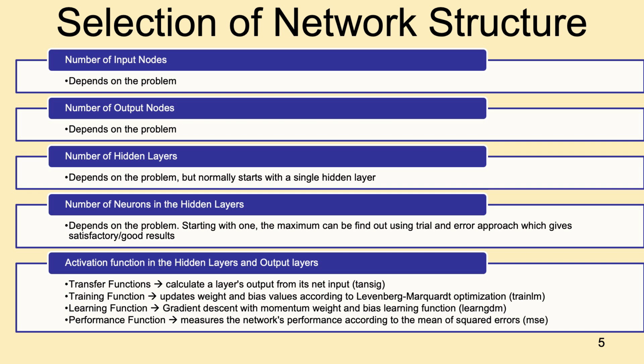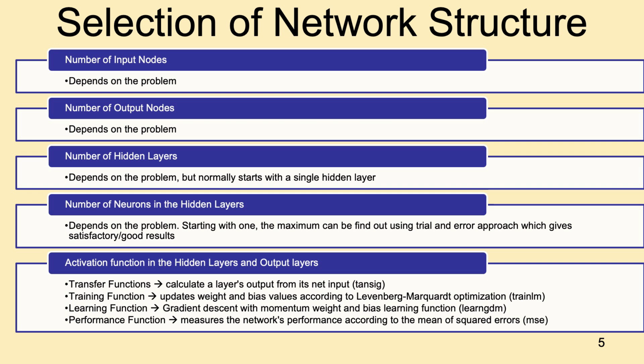The next important task that I already discussed is the number of neurons in the hidden layer. It is based on the problem, and you can start with 1 and go up to a maximum, and using a trial and error approach, whichever gives satisfactory or good results, you can decide on the number of neurons in the hidden layer.